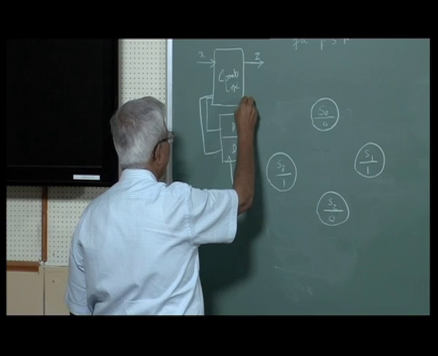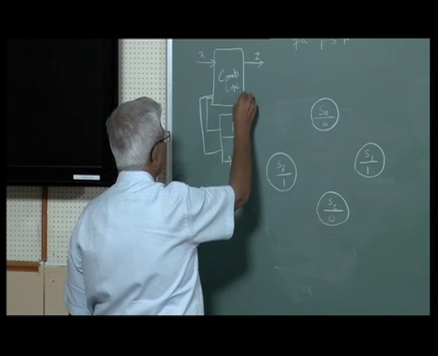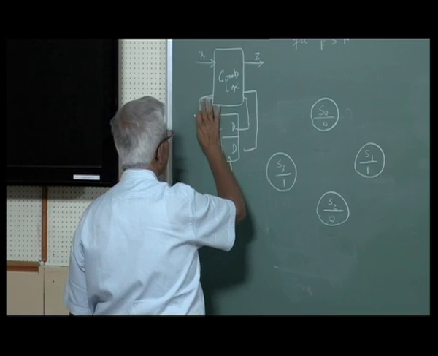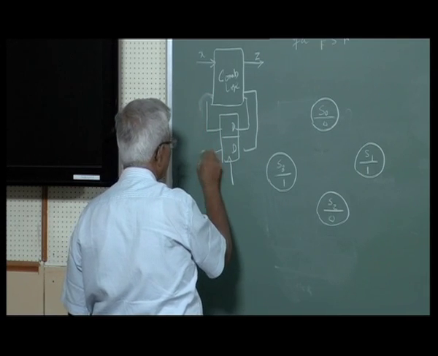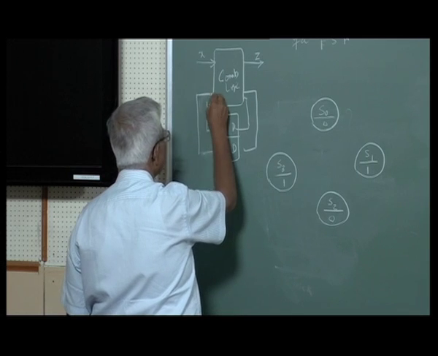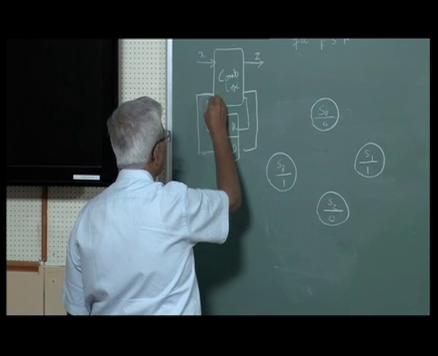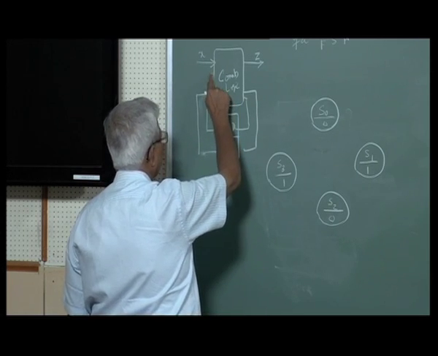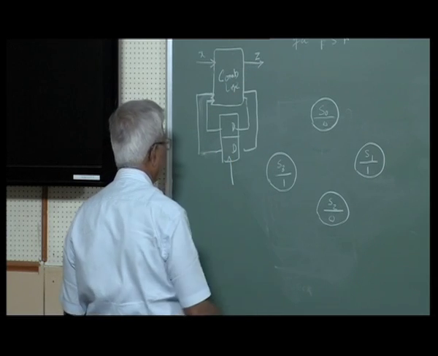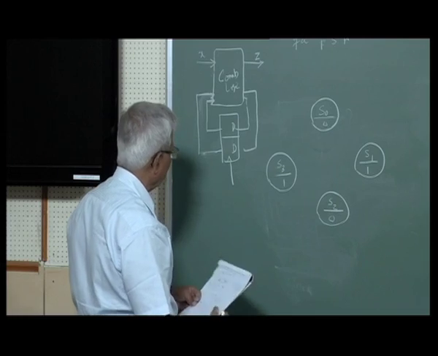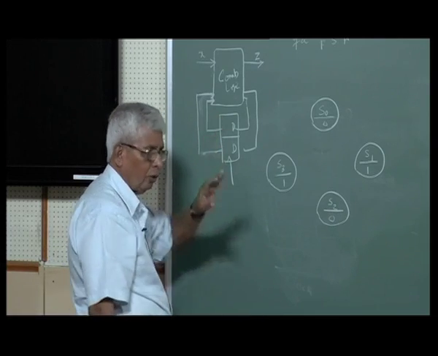The present input with the present state together determine the next state. And the results are stored here in the D flip-flops for it to become the next state.